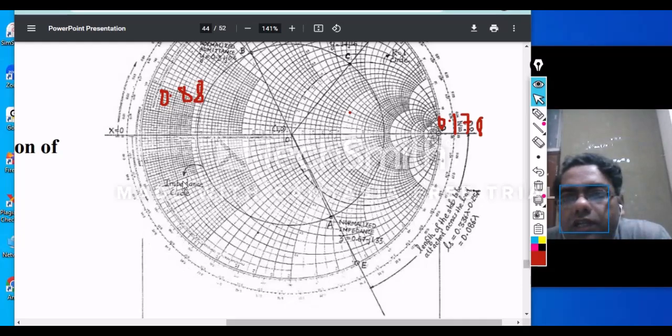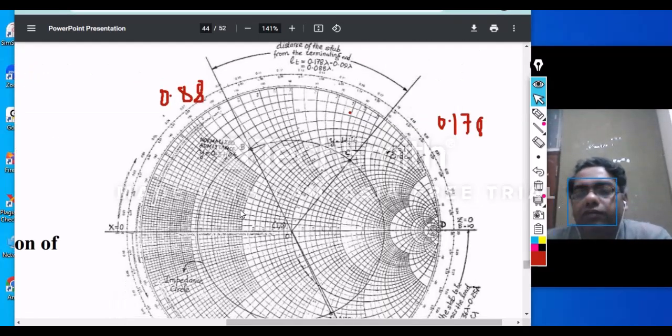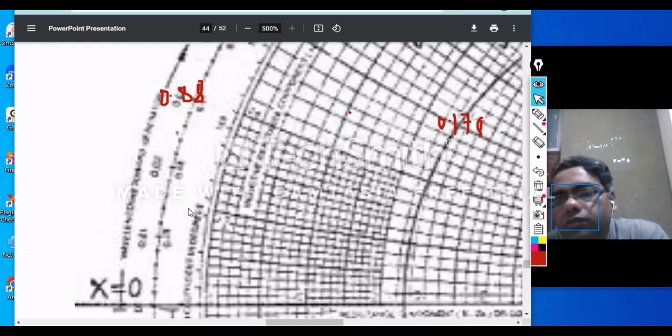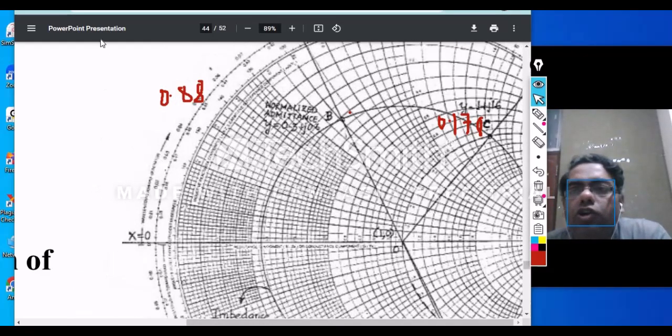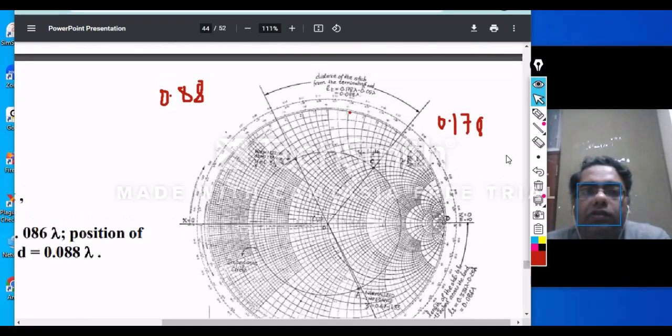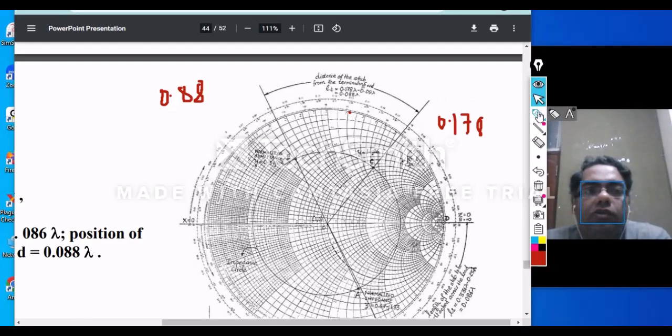Okay, it is written here. If we magnify, we can see the writing. Wavelength towards generator and wavelength towards load, it is mentioned. So that much distance, if we subtract 0.178 lambda, this marking in terms of lambda, minus 0.088 lambda, it will give 0.088 lambda.